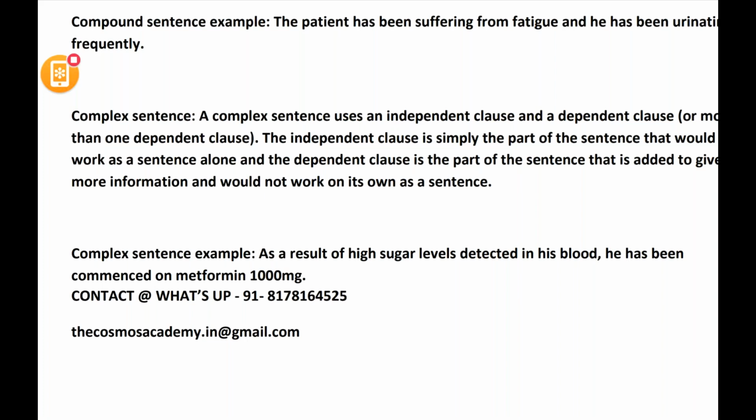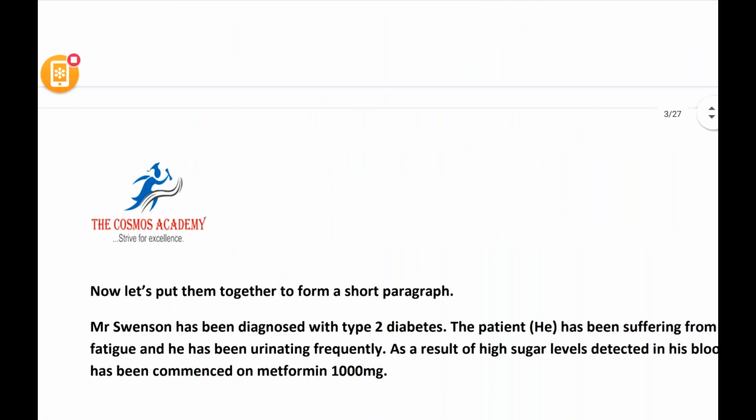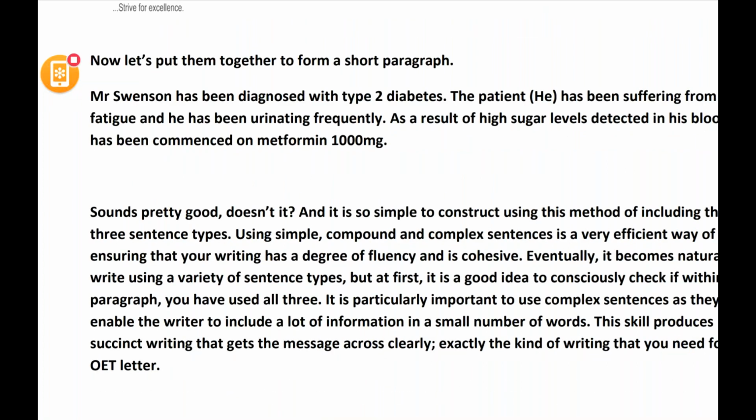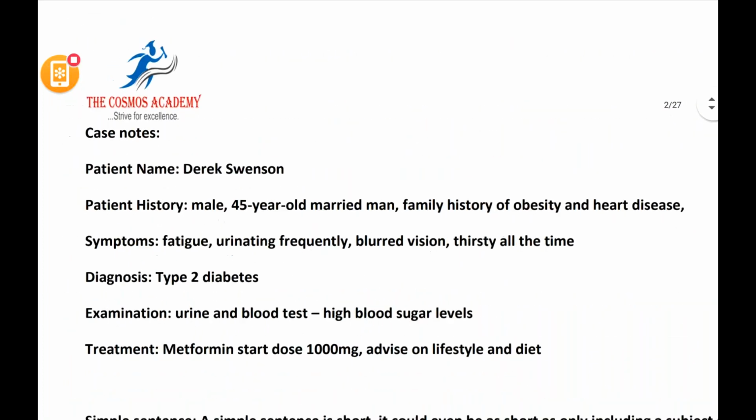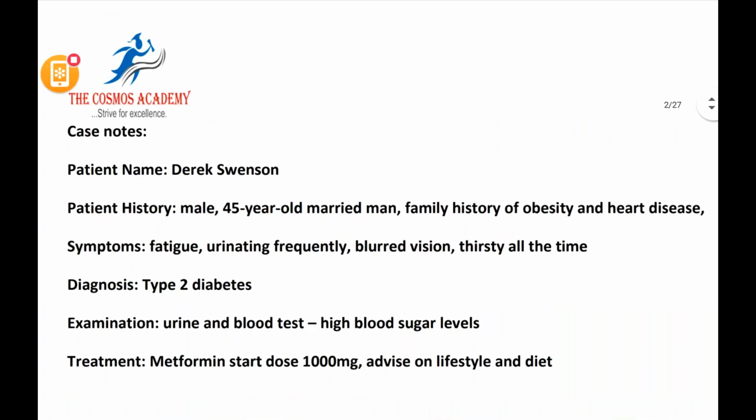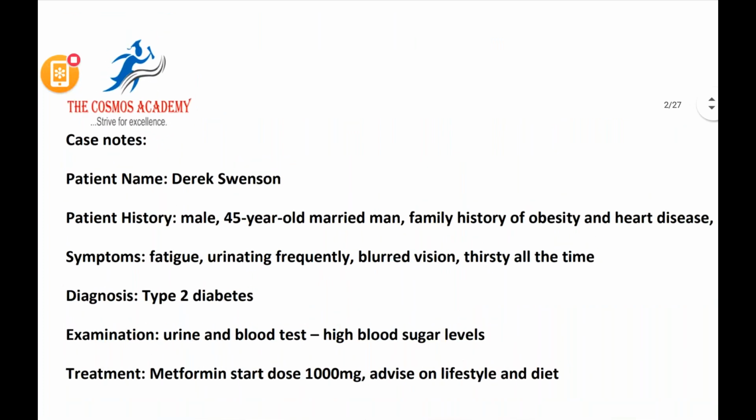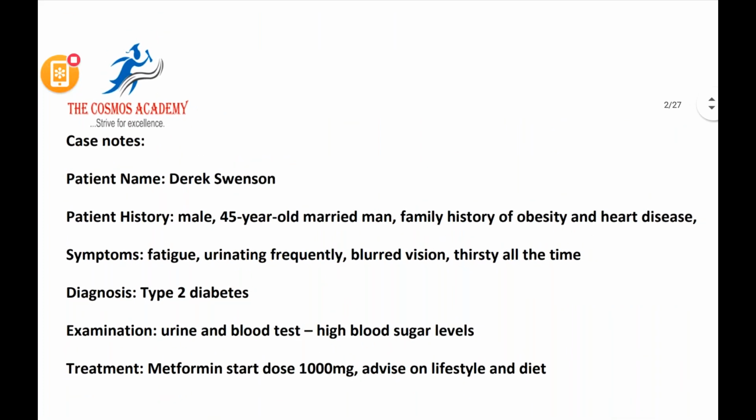Great. I hope these sentences are clear to everyone, because this is really important and going to be a very important part of your letter. Now, this is the case notes which I showed you earlier also, and I want you to make a small summary of this in 2 or 3 lines, maybe 3 to 4 sentences.